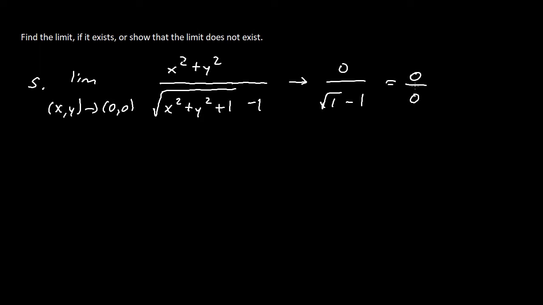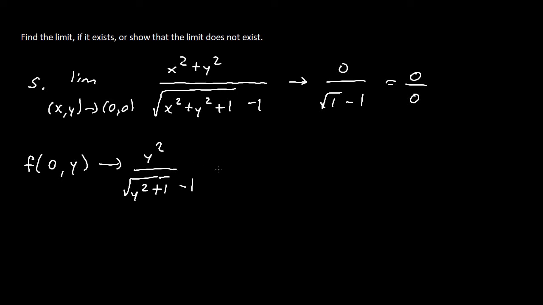Now let's go ahead and try to make x equals 0 and evaluate there. If we evaluate f of 0 comma y, where x equals 0, we'll get y squared on the numerator over the square root of y squared plus 1, minus 1.